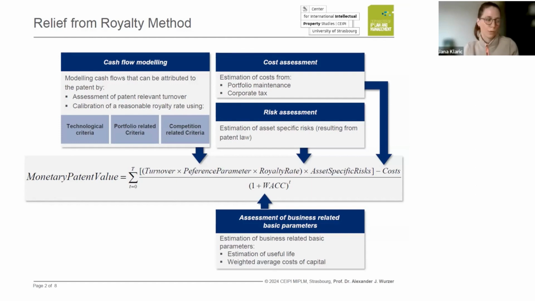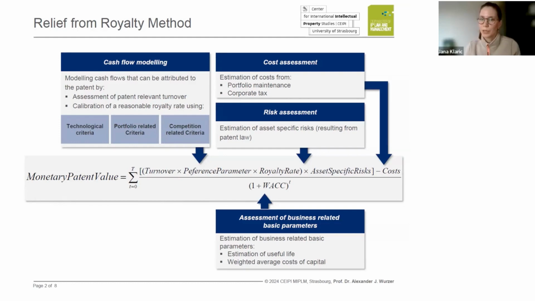This depends on various criteria such as technological criteria, technological implementation, the portfolio of the company, as well as competition-related criteria. Furthermore, the royalty rate, which is basically self-explanatory.